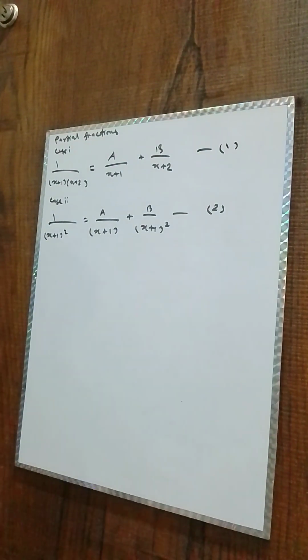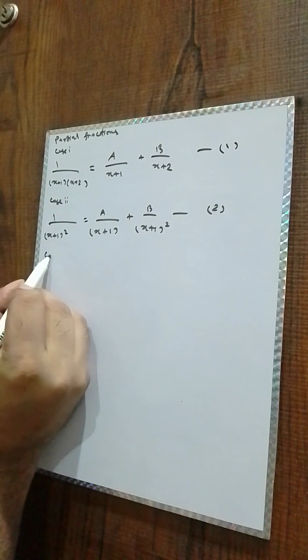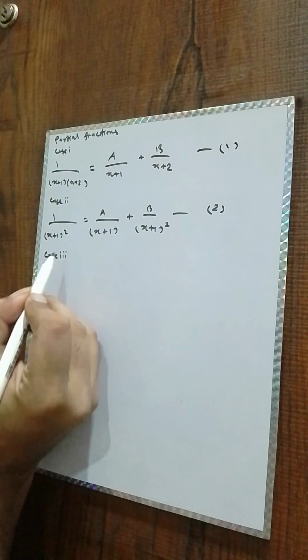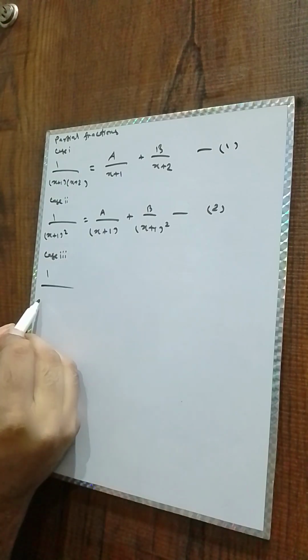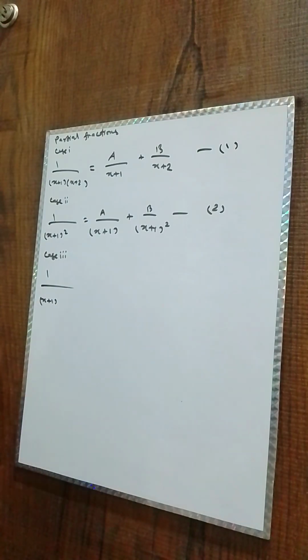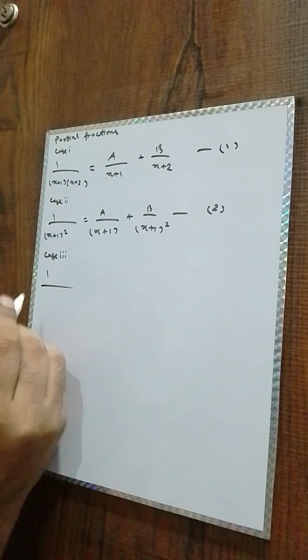So this is the second case, and we will discuss with expansion as much as possible, but for the current segment we will see how much is possible. Case 3, we have this version: (x plus 1) by (x square plus 1) into (x square plus 2).